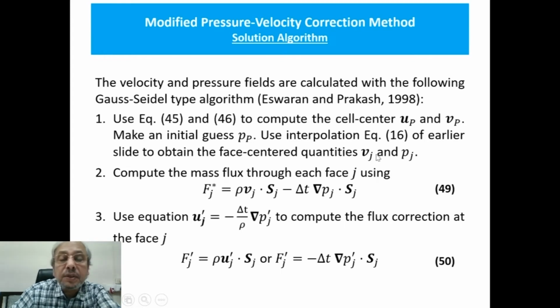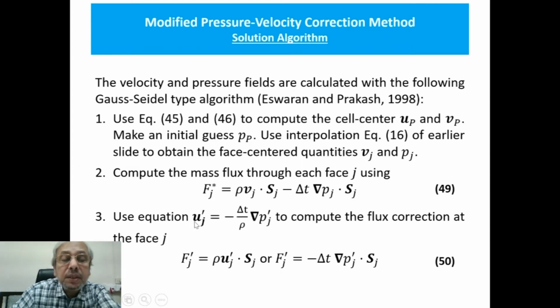These are through linear interpolation. Compute the mass flux through east face j using this. So this mass flux, F_j star, is rho Vj dot Sj minus delta T grad Pj dot Sj.